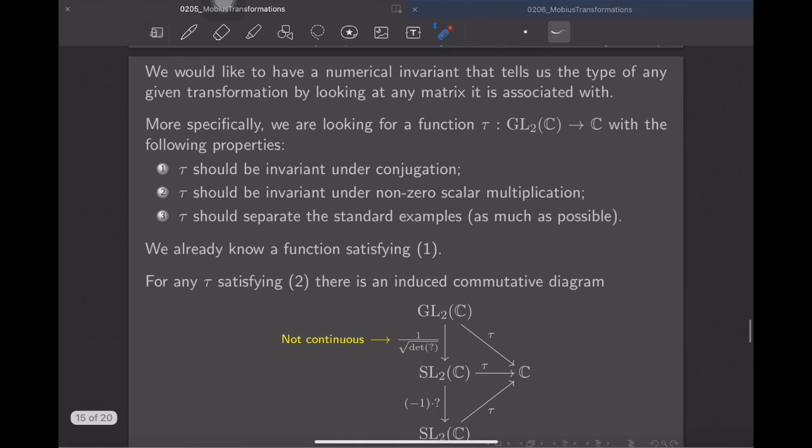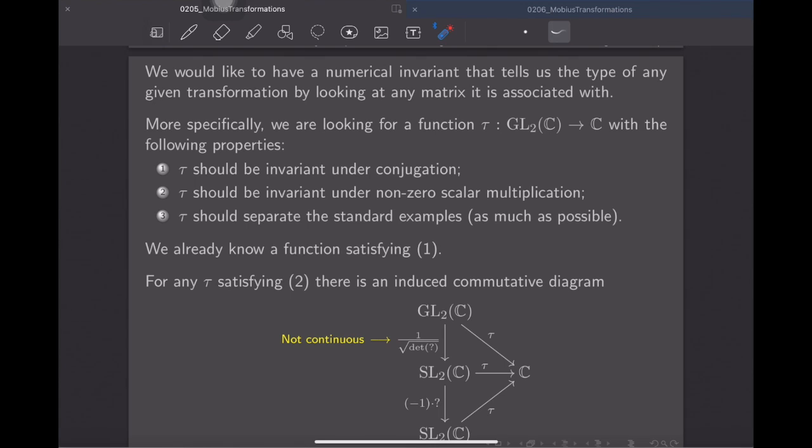Later on, we tackled the problem of finding a numerical invariant that is easy to compute and can tell me the type of a Möbius transformation with a simple computation. And we said that we wanted such an invariant, but also in such a way that it could separate non-conjugate standard examples as much as possible.